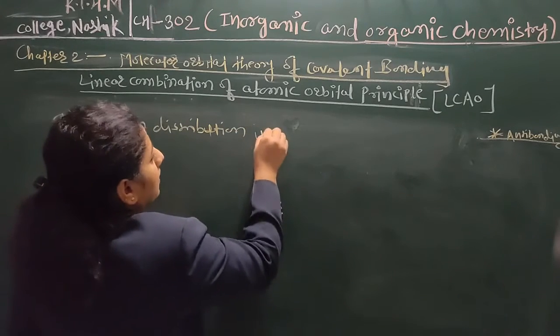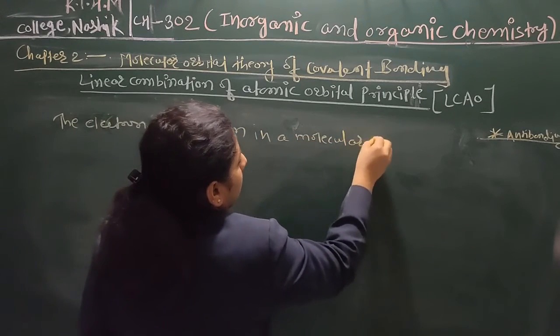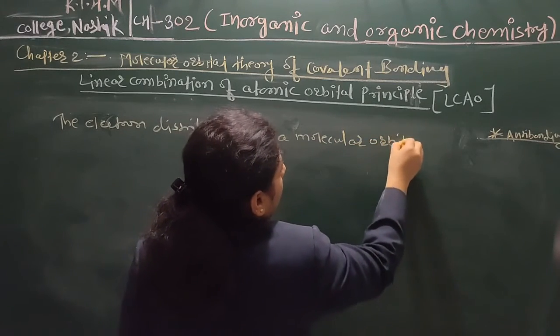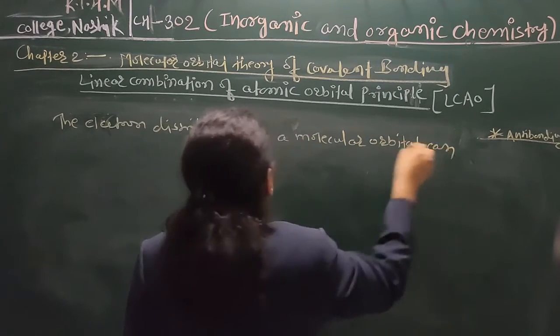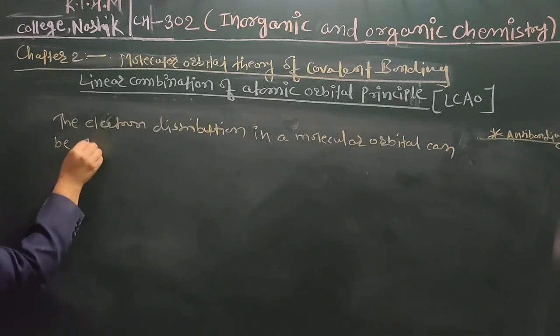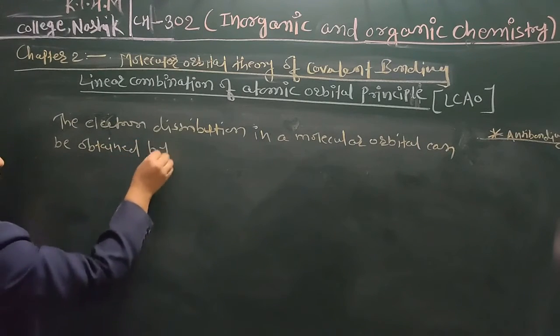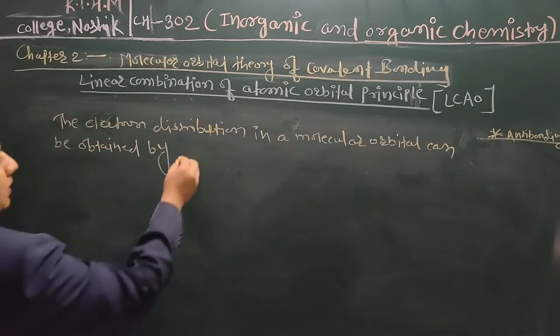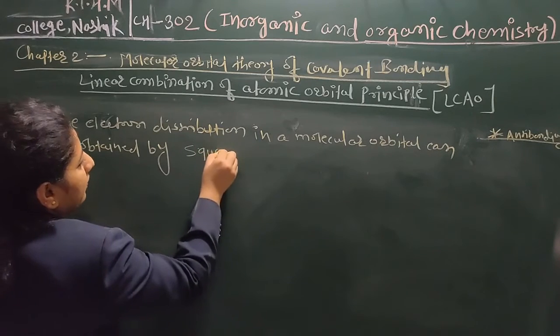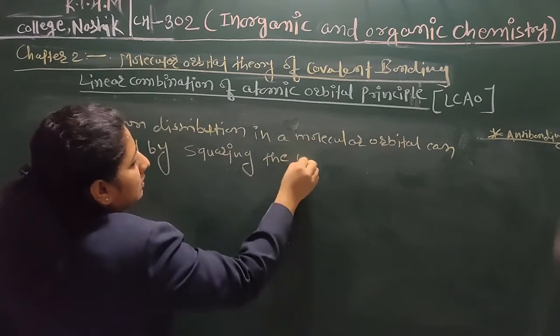In a molecular orbital, the electron probability distribution can be obtained by squaring the wave function.